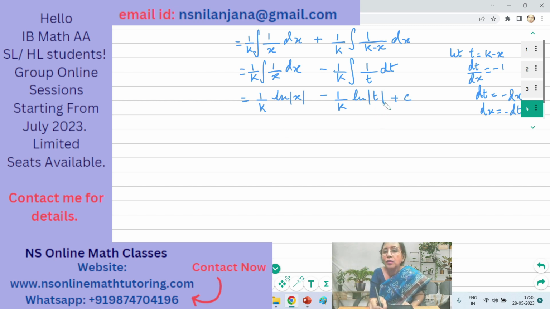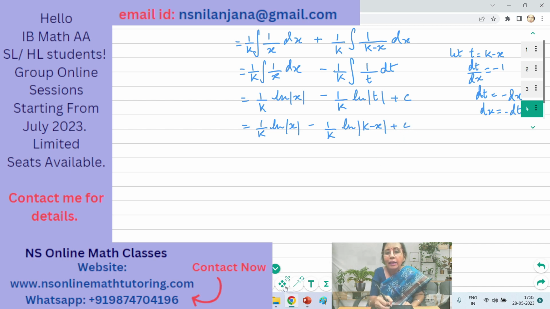And now I have to substitute back the expression for t. It is 1 over k times ln of x minus 1 over k ln of k minus x plus c.